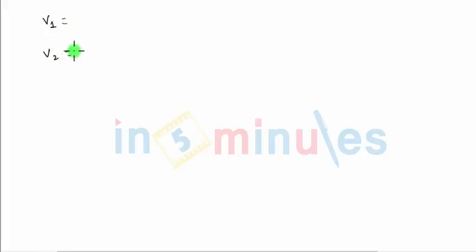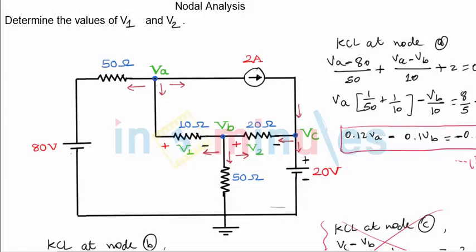Referring to the original circuit, V1 itself is a voltage. So if I know the voltages on the two sides of V1, then I can define V1 as the potential difference between those two values. On this side the voltage is Va, on this side the voltage is Vb, and hence V1 will simply be equal to Va minus Vb.